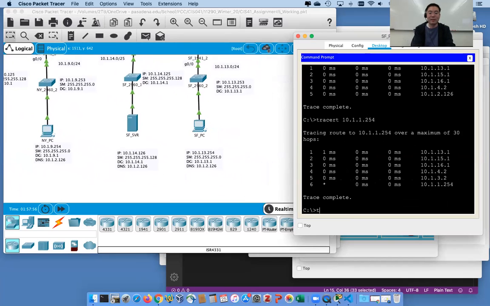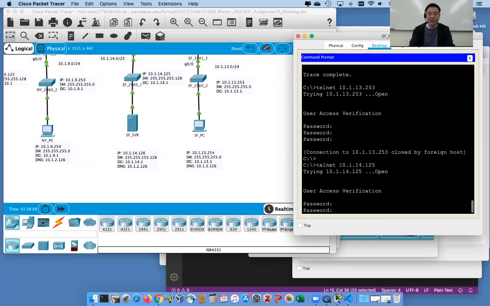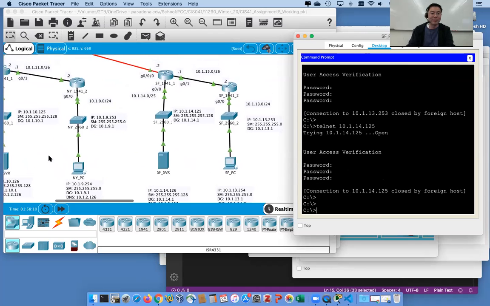So from here, let's telnet to all the switches to make sure that we can get there. Okay, so far we're getting to all of them.